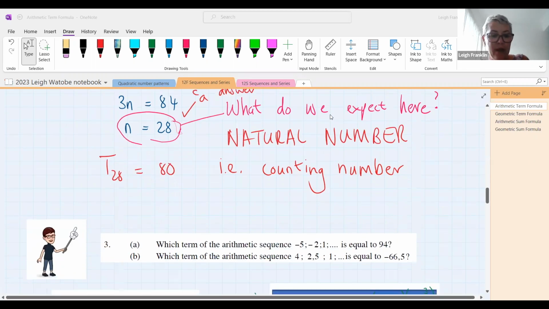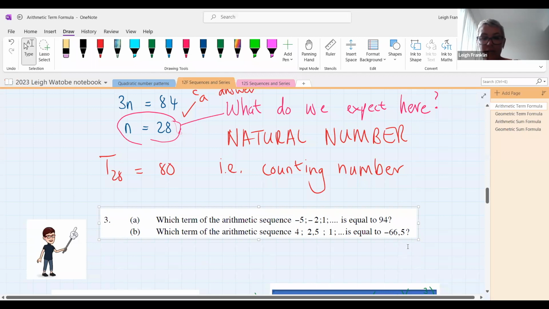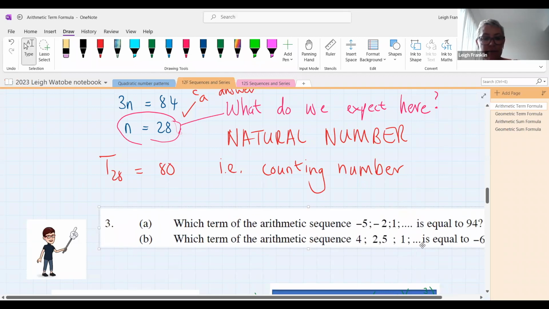All right, so now here are a couple for you to try. There's 3A and 3B. I would be very glad if you guys tried both of them, so give those a bash. I'm going to move it up here a little bit and make it a bit bigger so you should all be able to see that.